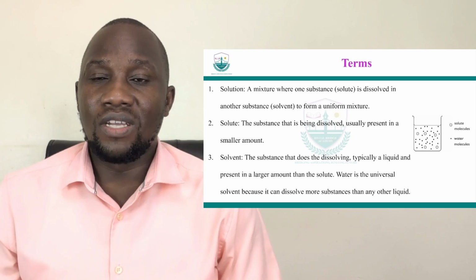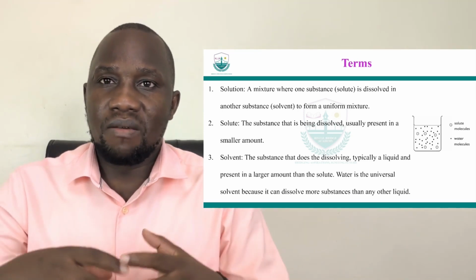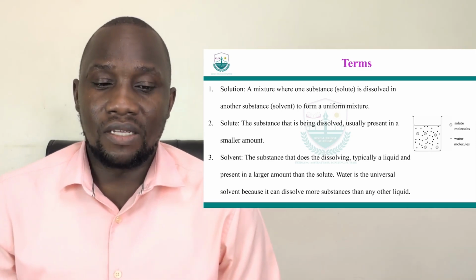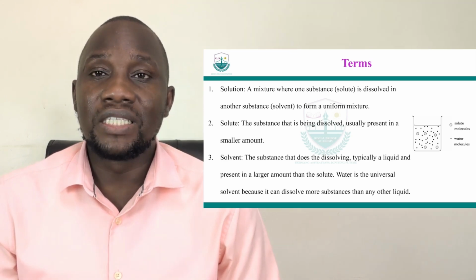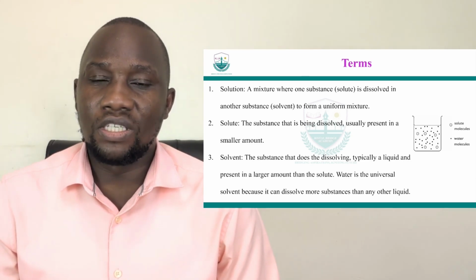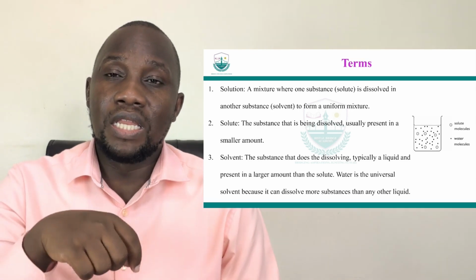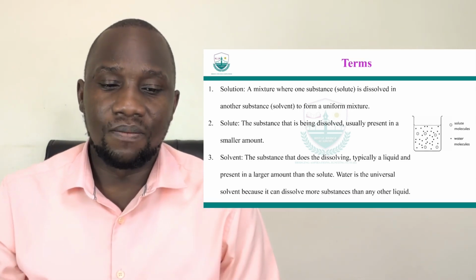So you have a liquid component and a solute component being mixed. That's what gives us a solution. The solvent is the liquid component, and the other substance is the solute. It's the one which dissolves in this liquid component. So the solute dissolves into the solvent.